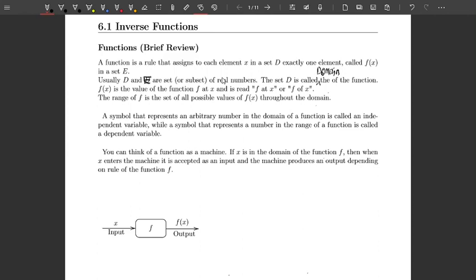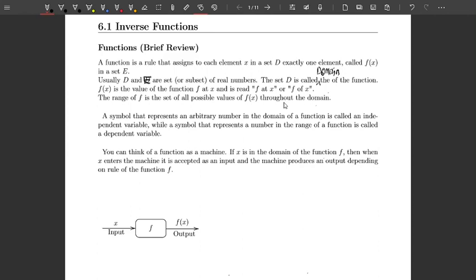The set D is usually called the domain of the function, while E is called the range. F of x is the value of the function f at x. We usually read this as f at x or f of x, as I said earlier. The range of f is the set of all possible values of f throughout the domain.